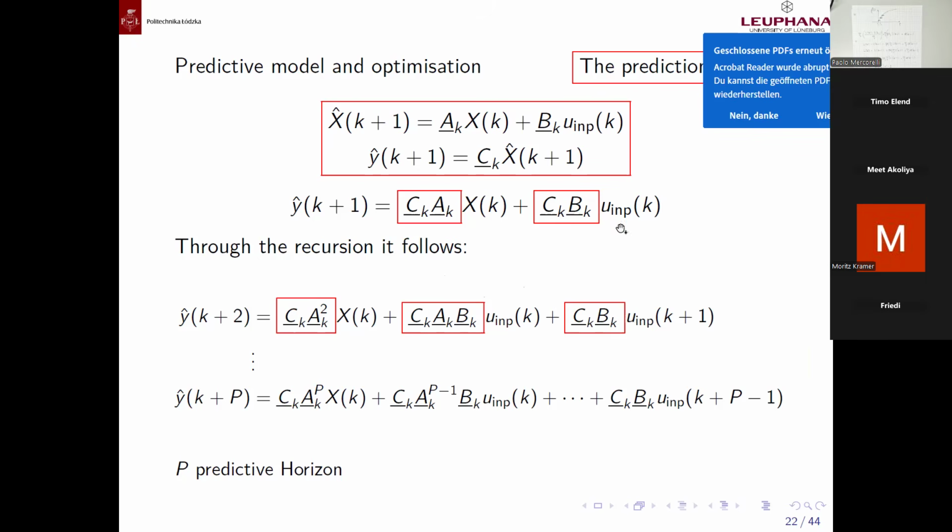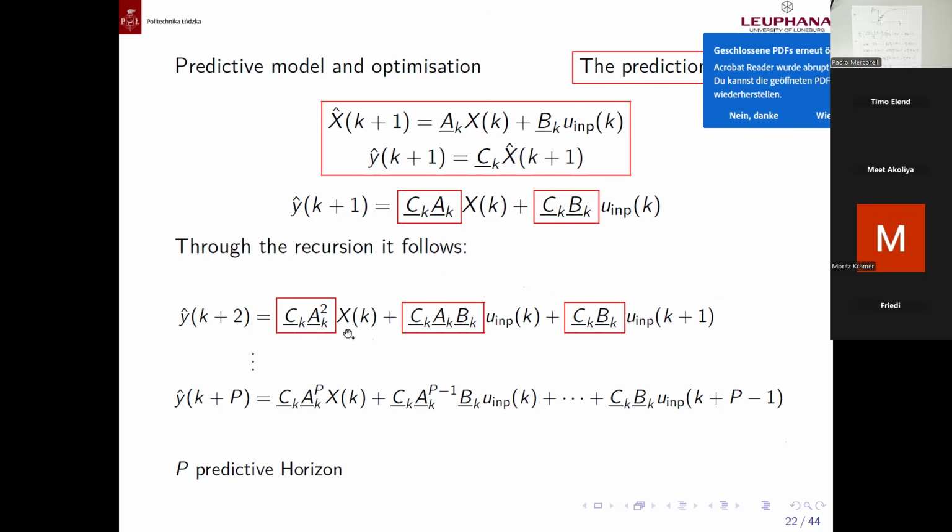And this remains because it's exactly this in which I add k plus 1. And if I go ahead until P, which is our predictive horizon, I will obtain this apparently complex expression, but it's basically the result of successive substitution.